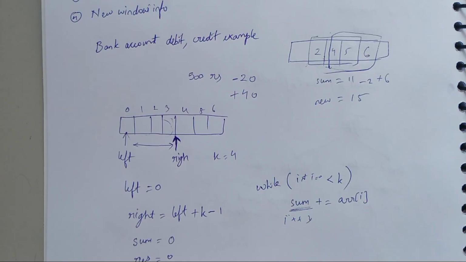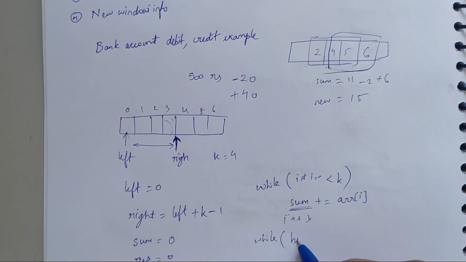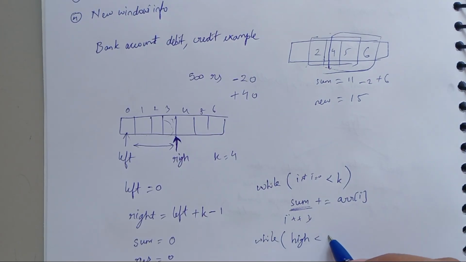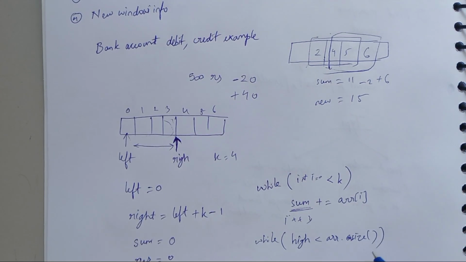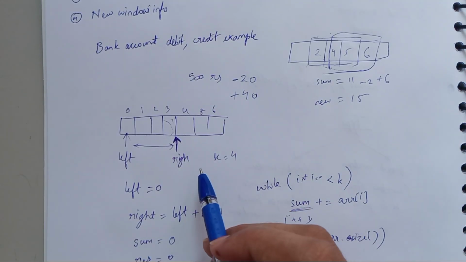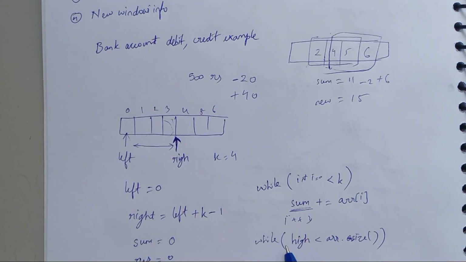After storing this in sum, we need to check the sum of other subarrays. So we run one more while loop, while high is less than arr dot size. Here high is the right pointer.